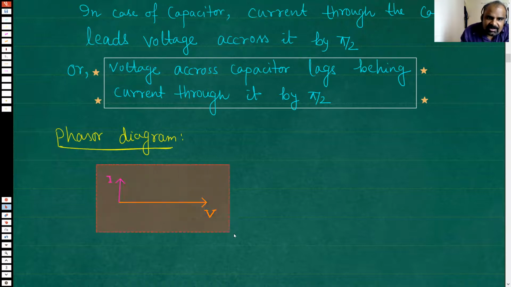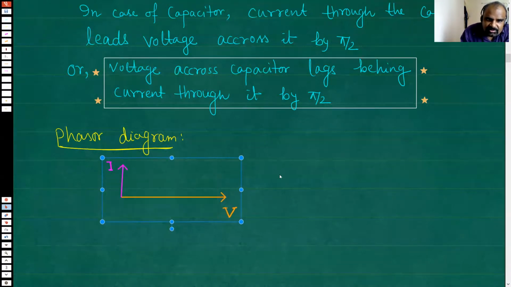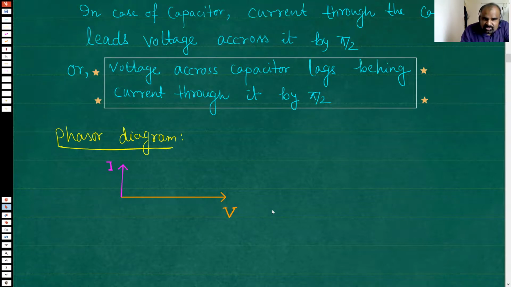Both can be drawn, but in this chapter, RMS values are more important, right? So we draw RMS values. So the length of this phasor is equal to the RMS voltage. The length of this phasor is equal to the peak one.